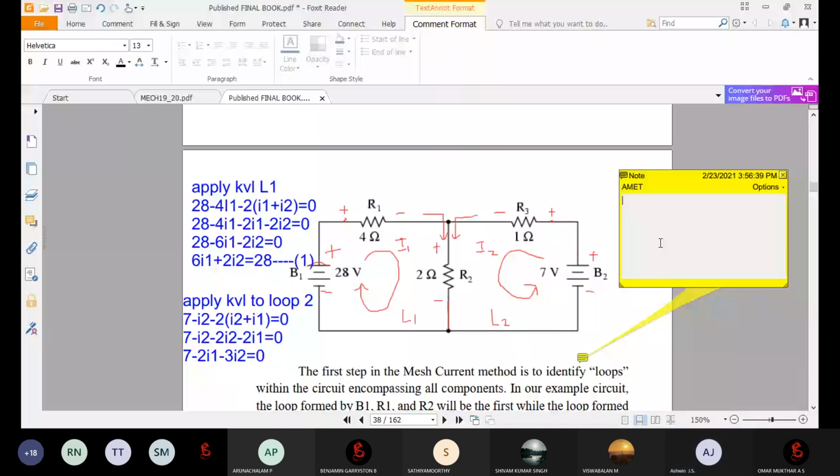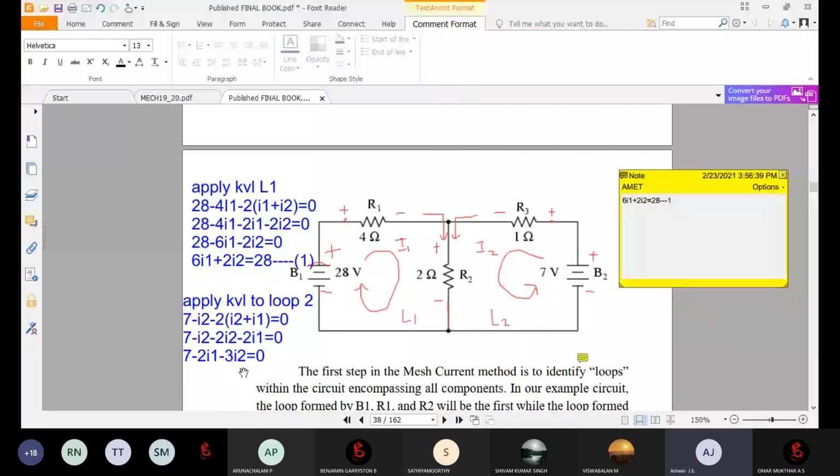First equation is 6 I1 plus 2 I2 is equal to 28, right? So this is your first equation. Now, guys, write the second equation.